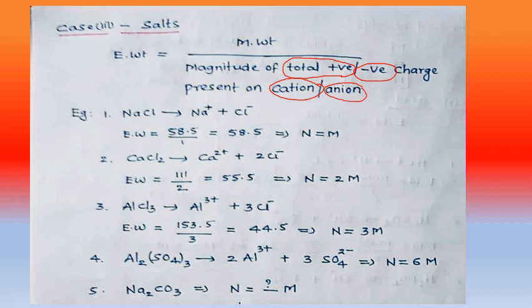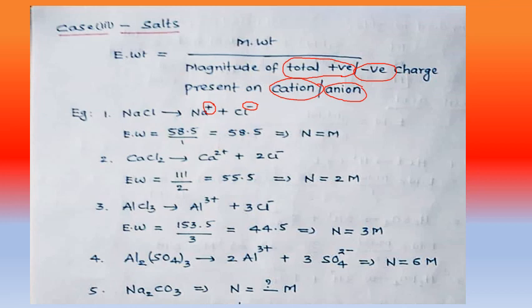Okay, now we will see examples. For NaCl, Na plus and Cl minus. So what is the total charge? Plus 1. Here what is the total charge? Minus 1. But we have to take magnitude only. It may be plus 1 or minus 1. So finally what is the magnitude? 1 only.